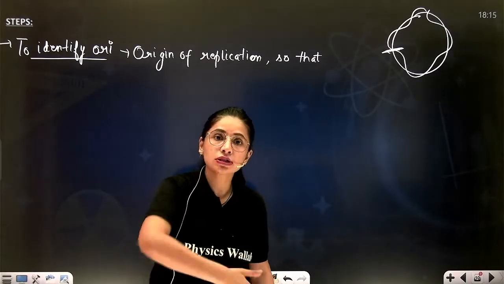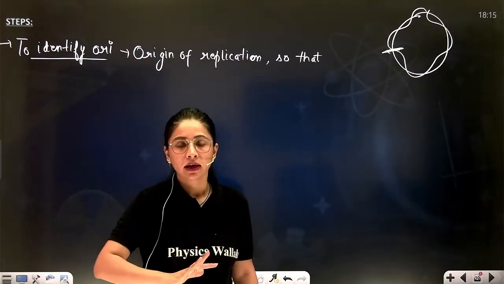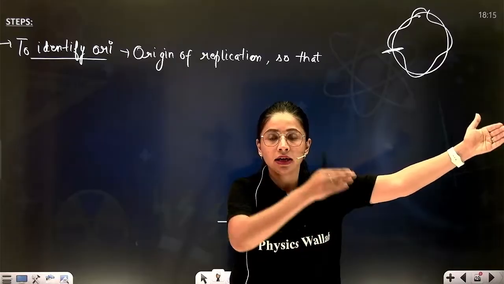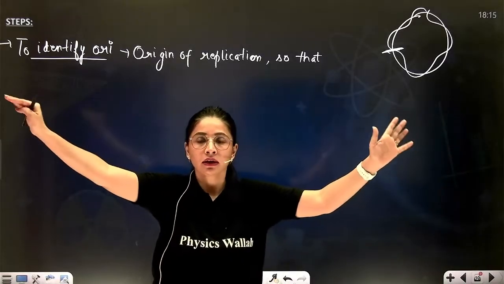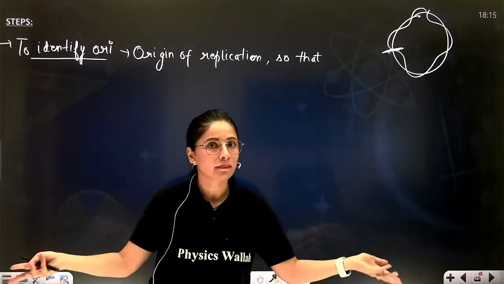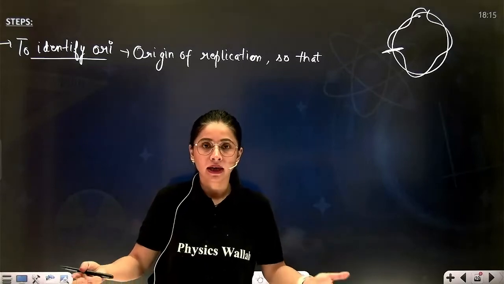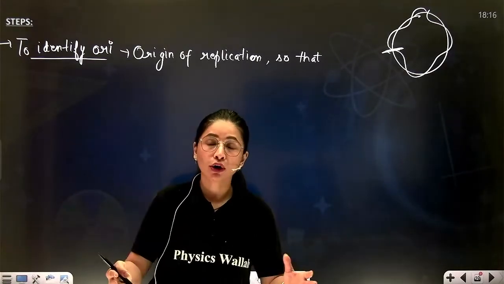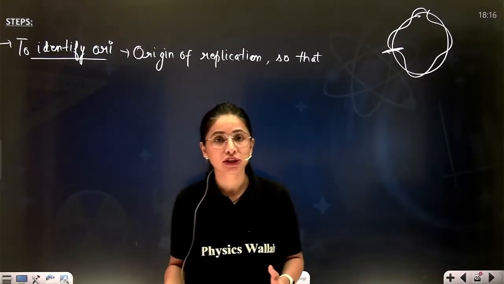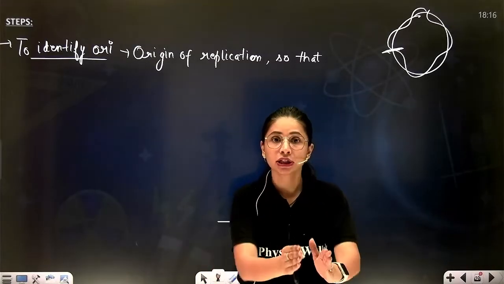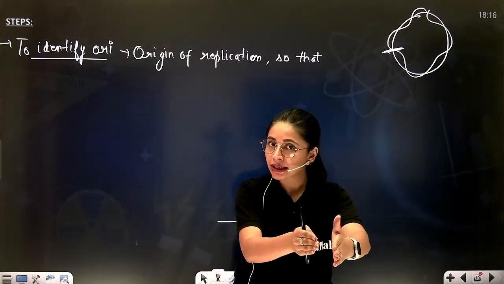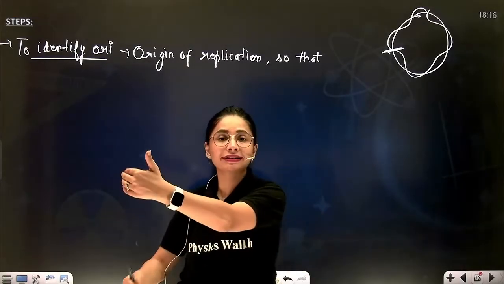Imagine if there is no start point, no origin point, and some people are running 2 kilometers behind, some people are joining later, then a random winner will come. Now you will not have a proper judgment of which out of these 10 people is the fastest. If you really want a proper judgment, then there should be some origin point from where all the participants stand under the same condition, then they are made to run at the same time.